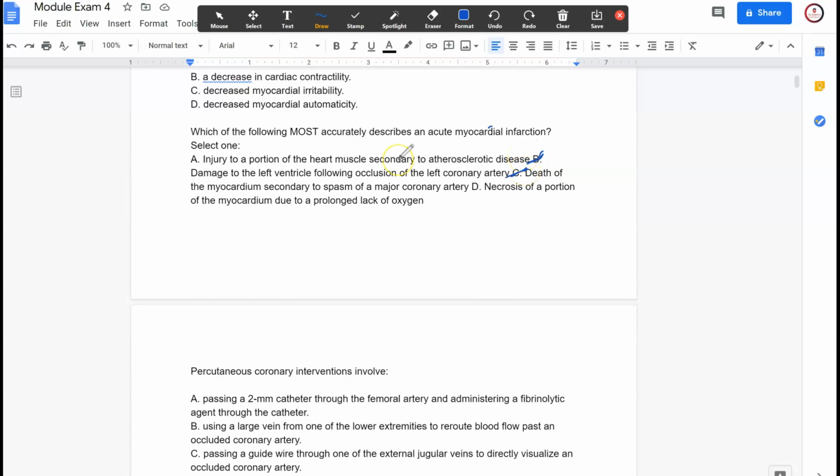And then on top of that, does it always have to be a clotting issue, or is it always atherosclerotic disease? This is your distractor, okay? The real most accurate definition of a myocardial infarction is necrosis of a portion of the myocardium due to a prolonged lack of oxygen, right? This right here. That's your clue. All right, moving down.